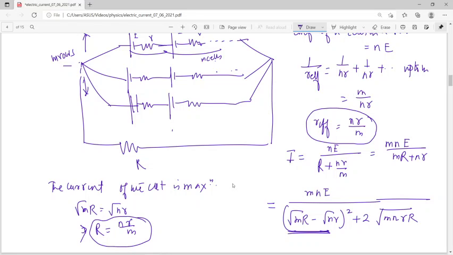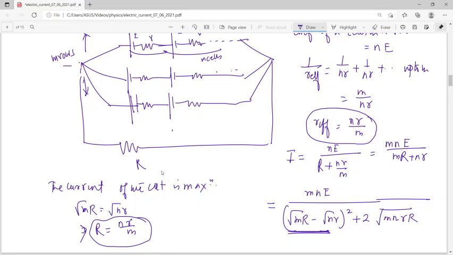That means when the external resistance value equals R effective, the total effective internal resistance of all cells, then the current through the circuit is maximum, which we found from the mixed cells equations.